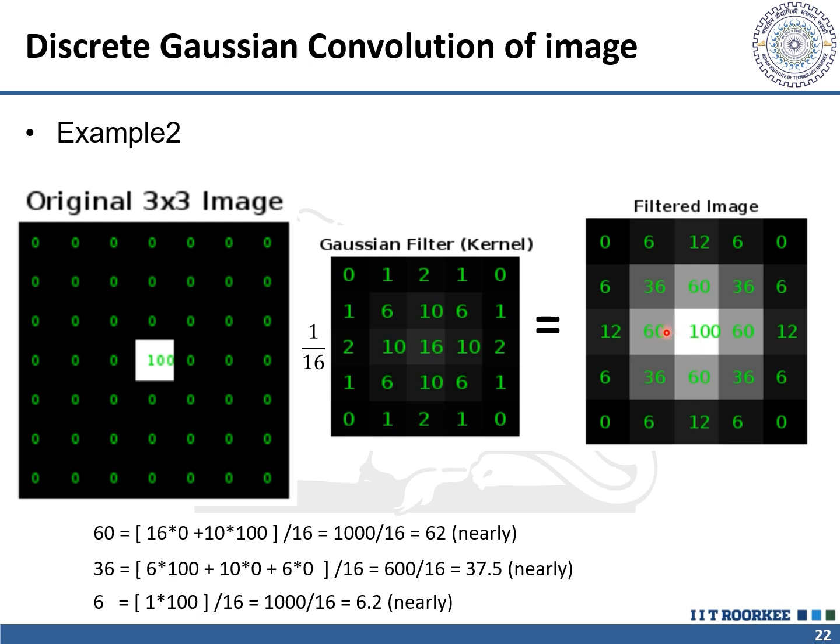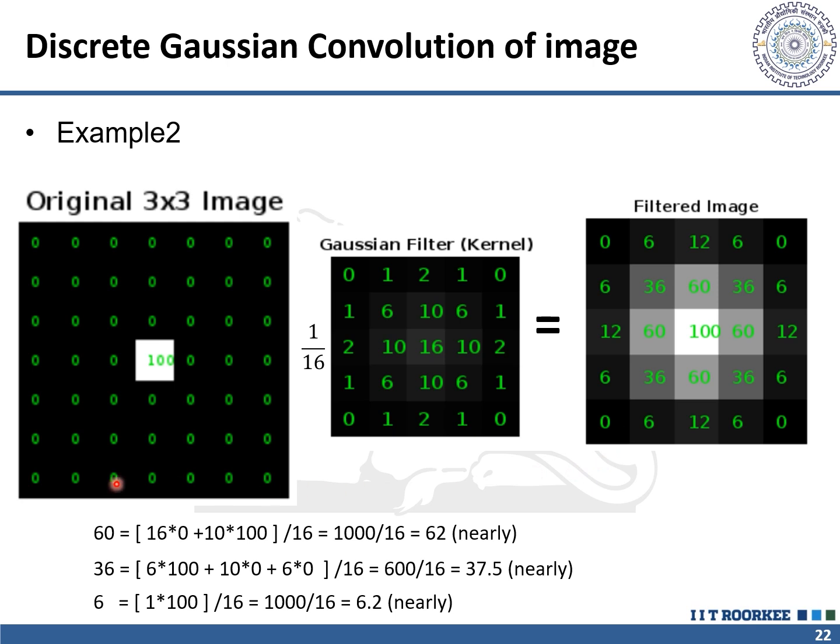For getting this element, we have to superimpose this Gaussian filter on this point. We have to match the center, which is 16 here, with this 0 to get this point.